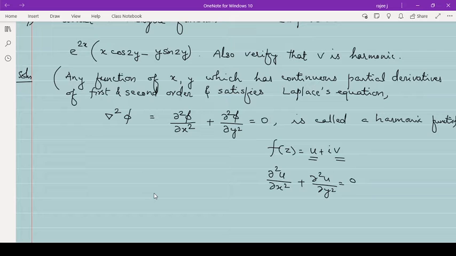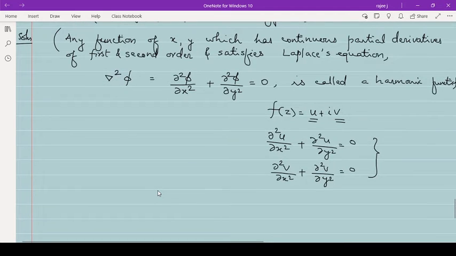This is the Laplace equation for u. Similarly, dou square v by dou x square plus dou square v by dou y square equals 0. This is the Laplace equation for v. So if u and v satisfy these equations, then u and v are harmonic. Obviously, if u and v are harmonic, then f will be harmonic.